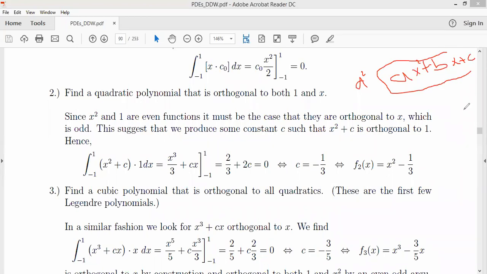But in this case, we are trying to minimize the number of unknowns. Since this is the generic form, I don't have to worry about the constants a and b. Why? Here they are telling us that it should be orthogonal to both 1 and x.